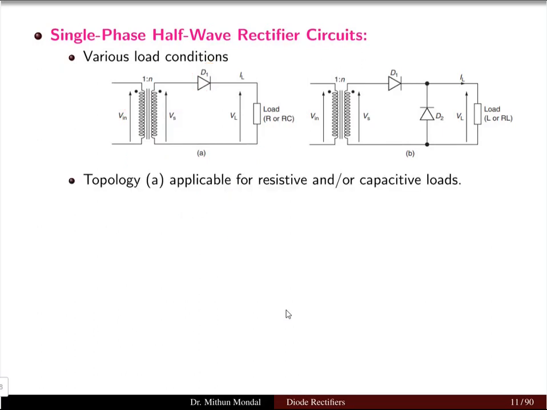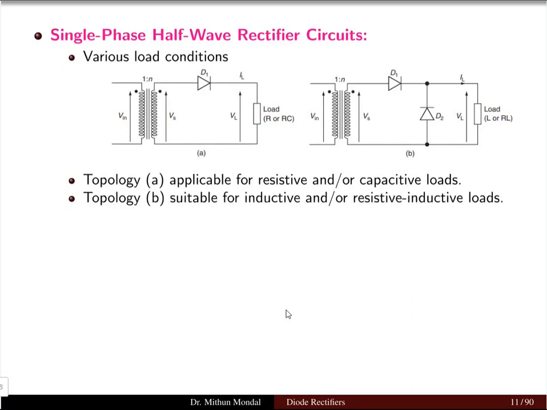So two important topologies are possible. One is topology A, where we have the resistive or the capacitive load. So the load connected in the rectifier circuit may be the R load or the RC load. The next topology possible in the load circuit can be the inductive or the RL load.